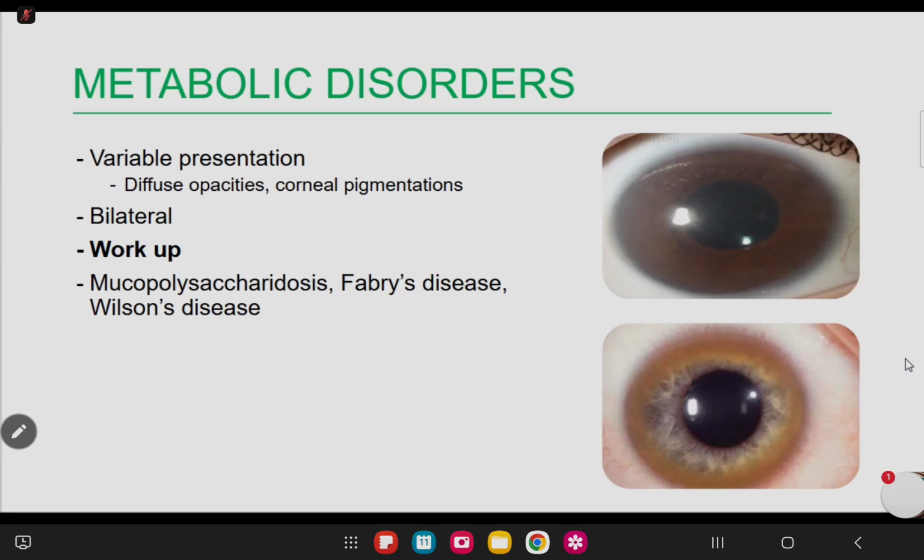It's usually bilateral, and it's usually coming from diseases such as mucopolysaccharidosis and Fabry's disease. I forgot the collective term. Wilson's disease, lipidosis, mucolipidosis. So it's the most common metabolic disorders you can find.